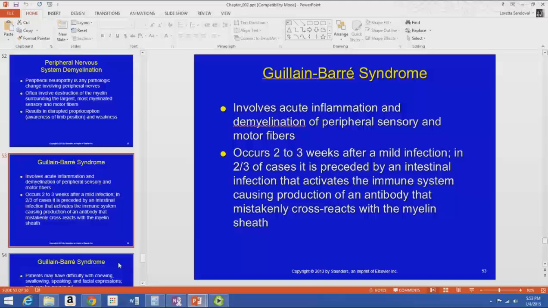Really interesting stuff. They're still not sure exactly which pathogen, or there are a couple that have been implicated, causes Guillain-Barré. The most prevalent theory right now is the molecular mimicry theory, where one of the pathogens out there looks like some of the proteins on the myelin sheath, and the antibodies that attack that pathogen also attack the myelin sheath.